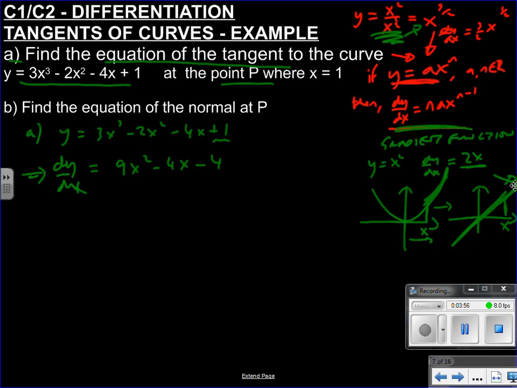And now this plus 1 here, that's gone, that's 0, because if you differentiate just a constant 1 times x to the 0, the 0 will come down next to the x, and that will produce 0 times 1, x to the minus 1, and 0 times anything is 0. So therefore, all constants differentiate to 0.